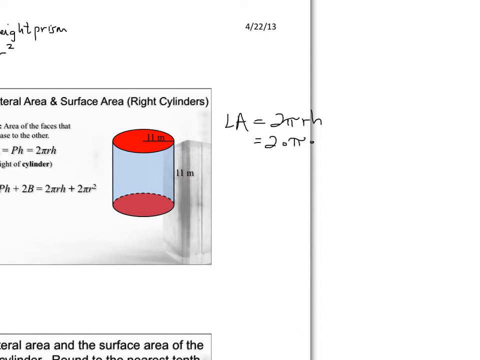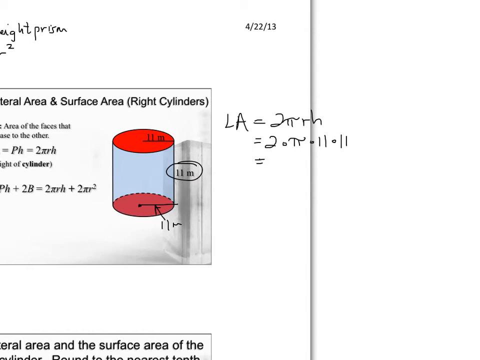The radius is 11 meters. The radius is 11 times the height of the cylinder, which is 11 as well. When I calculate these, I'm not going to leave my answer in terms of pi. We're going to round everything to the nearest tenth.